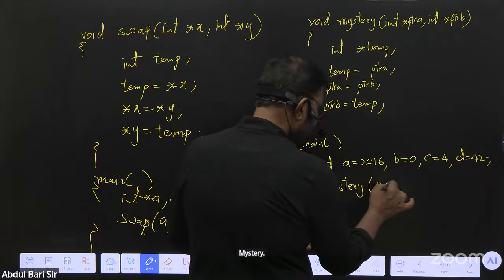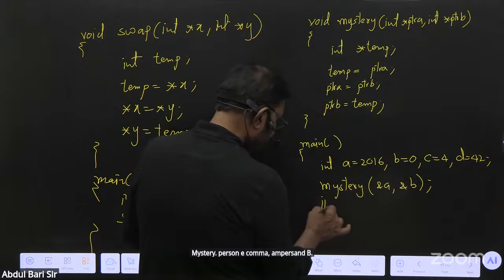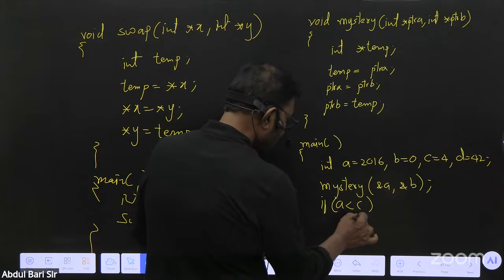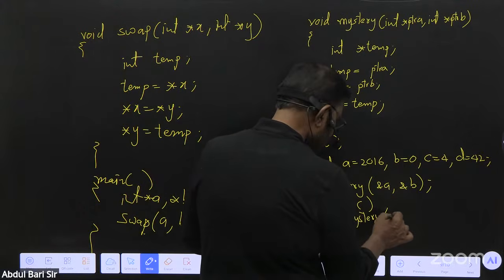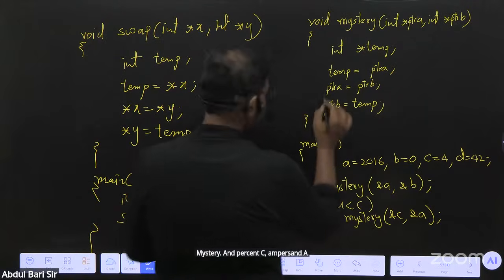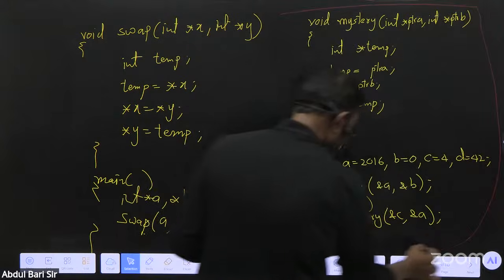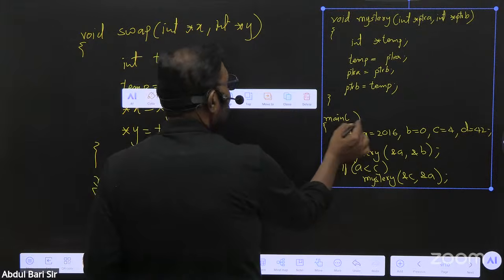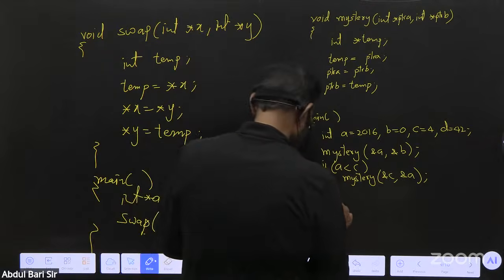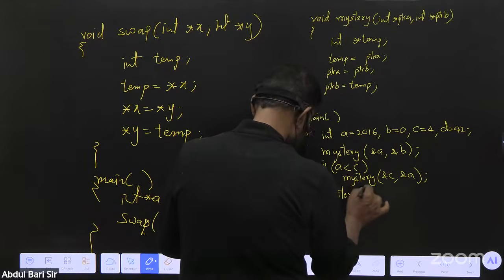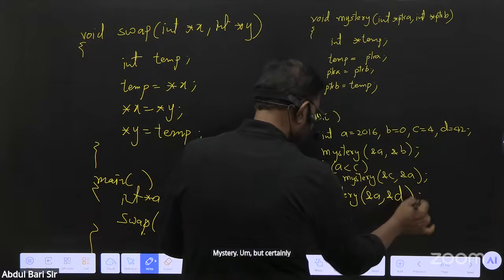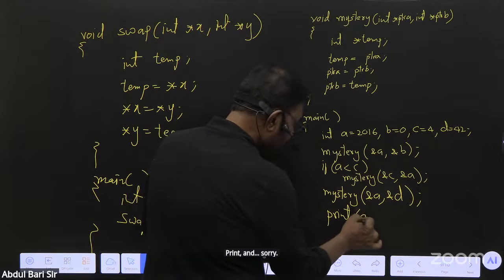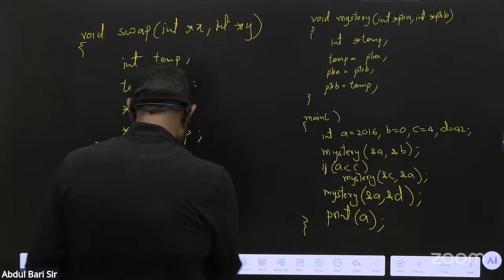Mystery ampersand A comma ampersand B. If A is less than C, mystery ampersand C comma ampersand A. Mystery ampersand A comma ampersand D. Print A. What will be printed by this function?